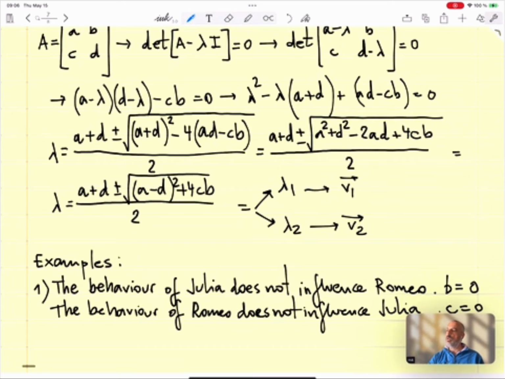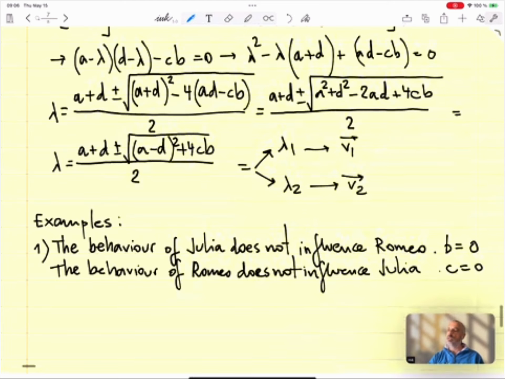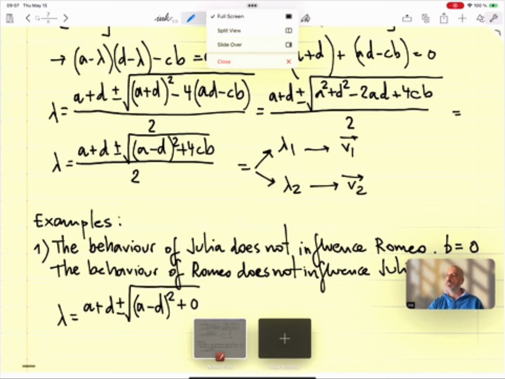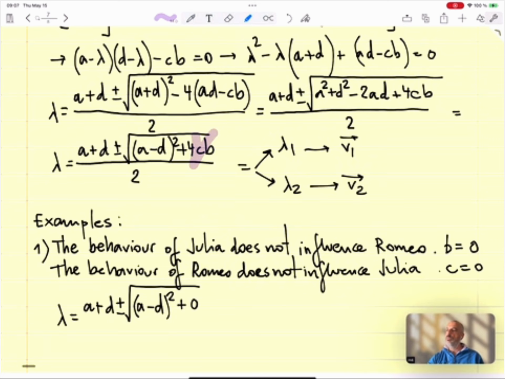C equals 0 is the same because we get our eigenvalues as A plus D, plus minus the square root of (A minus D) squared plus 0. You know, this 4CB just disappears. Okay, divided by 2.